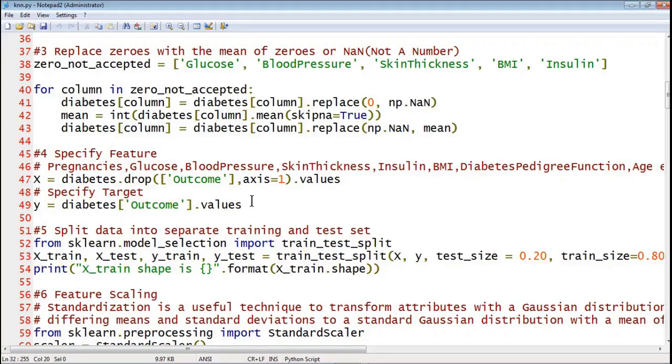At line number 49, it selects the outcome as the y dependent variable or the target variable. At line number 52 to 53, it splits the data into separate training and test data set. 20% will be allotted for the test data set and 80% will be allotted to the training data set.